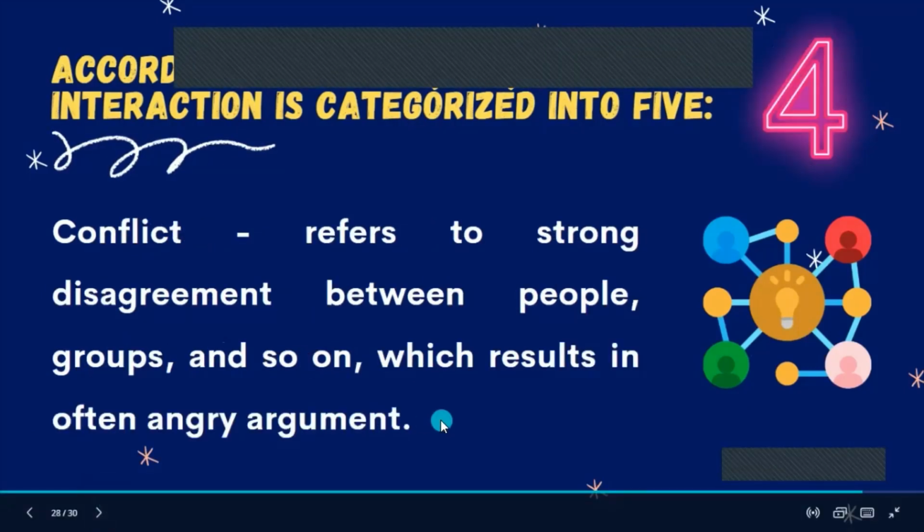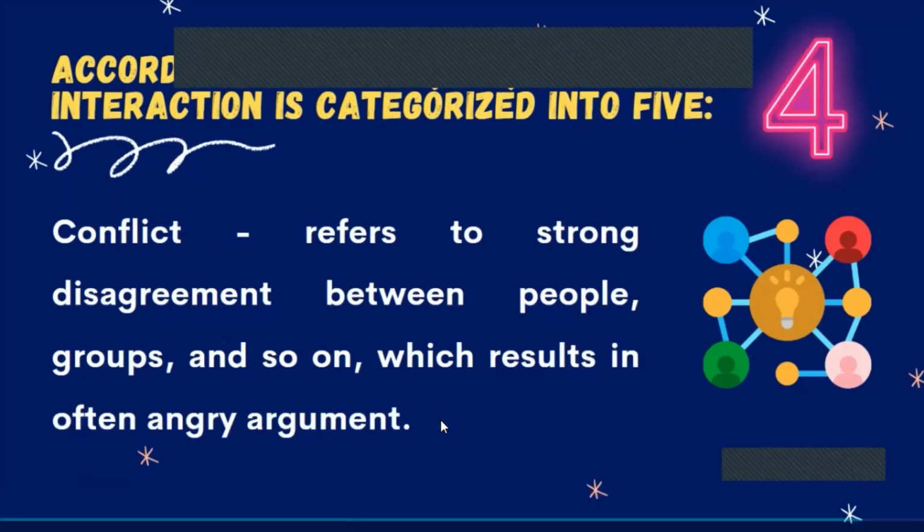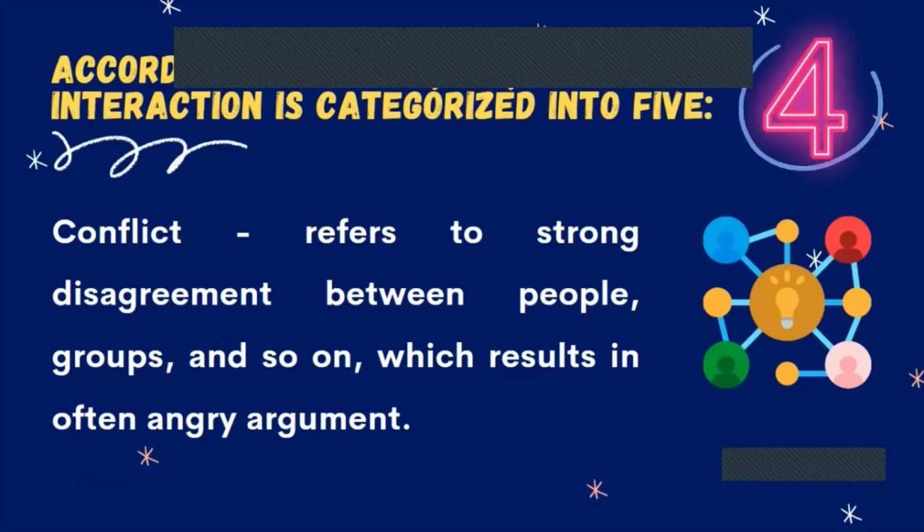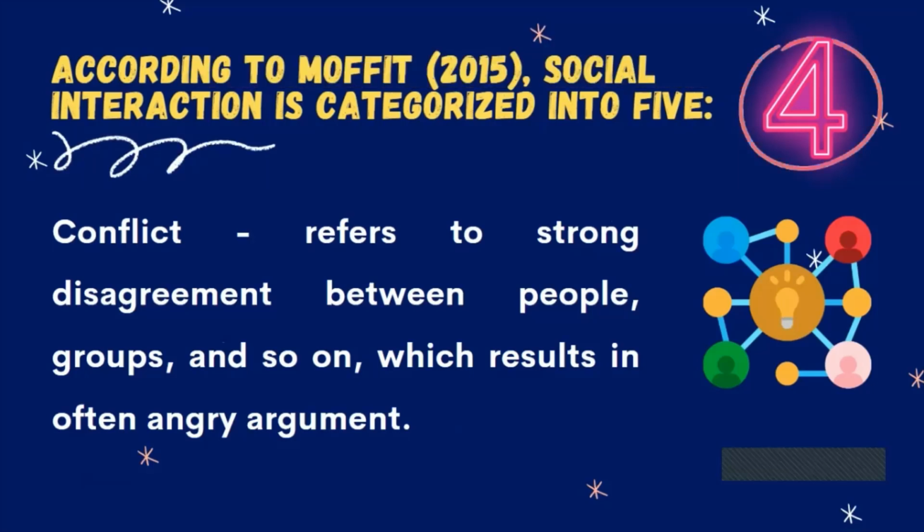Next is conflict. This refers to a strong disagreement between people or groups, which often results in an angry argument. So how can you solve an argument if you do not know how to communicate? How can you resolve things if you do not know how to communicate?